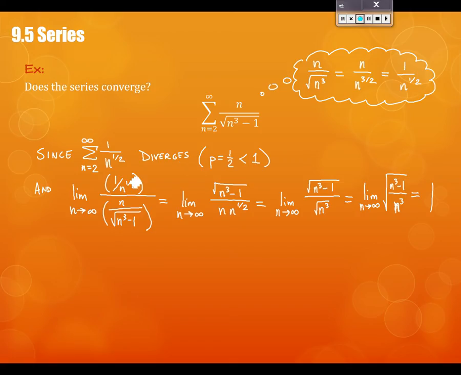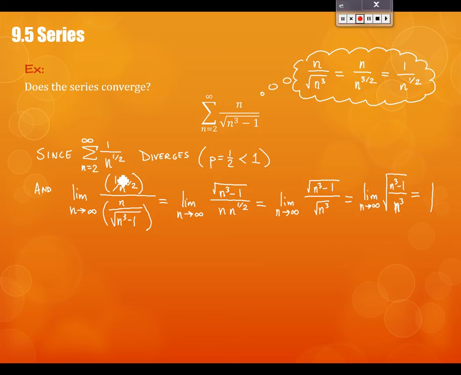Yeah, so the limit comparison test says stack the two of them, one over the other, in either order. This is the one that we have, and this is the one that we think it grows on the same order as. We think that this acts like 1 over n to the 1/2, because of our thought process earlier, the same behavior as 1 over the square root of n.